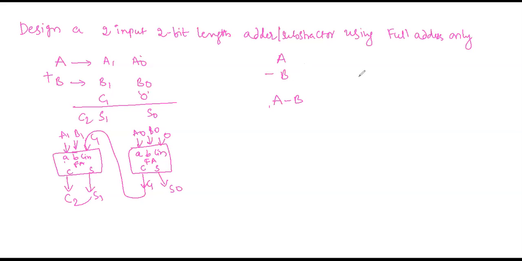Can we do that? Yes, we can do it. A minus B is equal to A plus 2's complement of B. Already we discussed this in unit 1. What is the 2's complement of B? It is nothing but B bar plus 1.